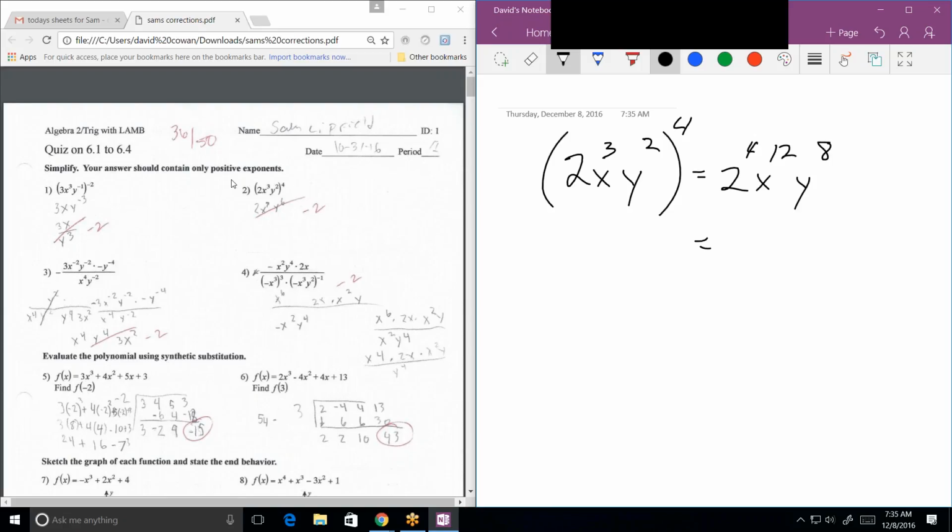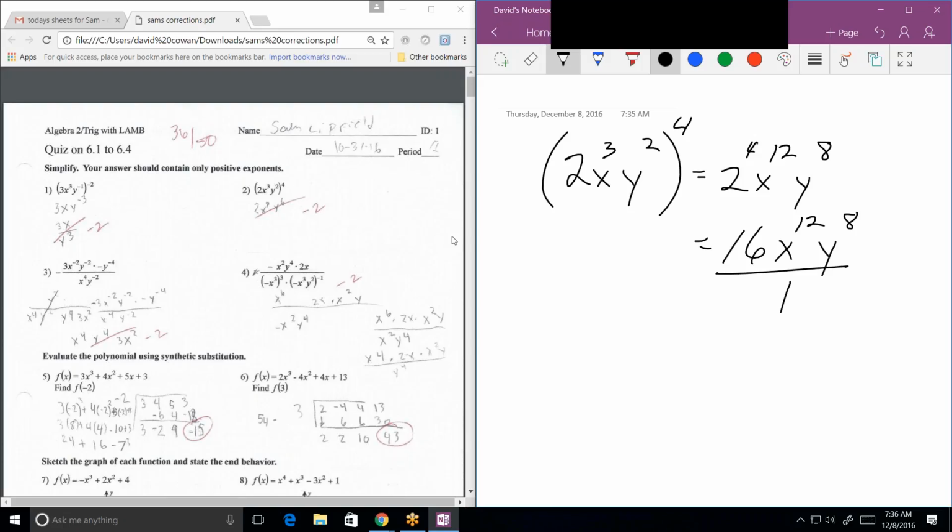What is 2 to the 4th? 2 to the 4th is... 64? 16. If 2 to the 3rd is 8, then 8 times 2 is 16. Oh yeah, true. Okay, I don't need a fraction bar here because there's no fraction. If there was one, I'd have a 1 under it.